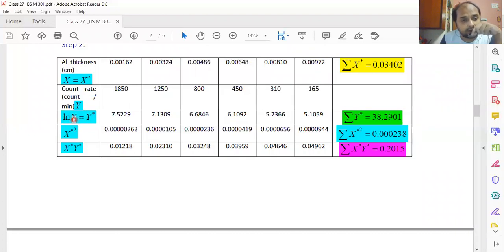We need the natural logarithm of y, which we named y star, so I have introduced this row. The logarithm of each term and their summation have been calculated. We need summation x star squared, so each x star has been squared to get the summation. We also need the product of x star and y star, so we multiplied x star by y star, and all six observations have been obtained, and their summation calculated.